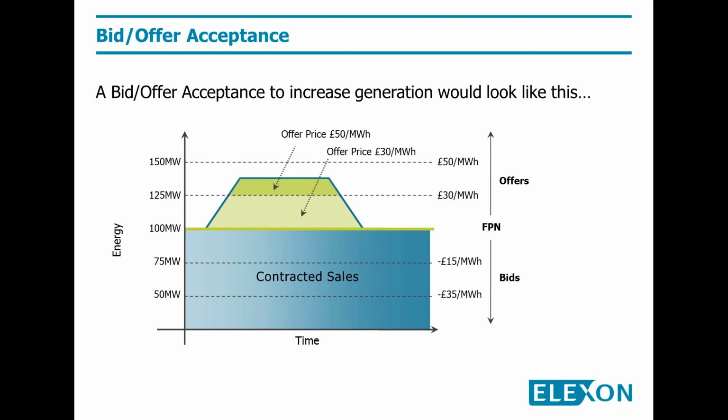So it could be minutes, could be hours. In this example, once they've been asked to come back down to the FPN, they will return bound to that and remain at the 100 megawatt hour level.